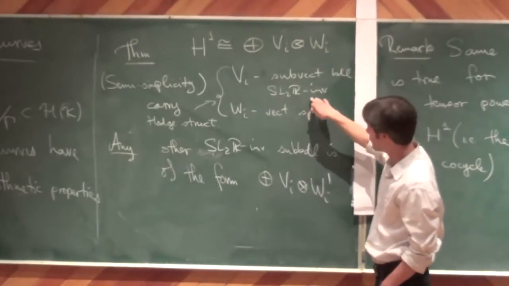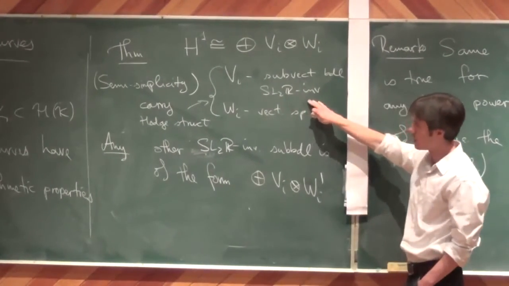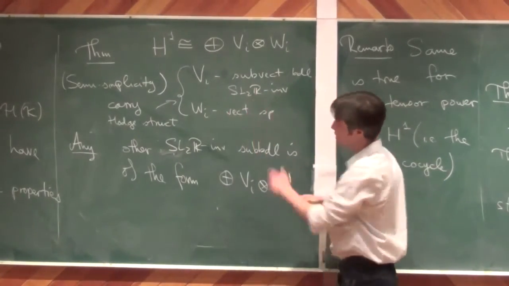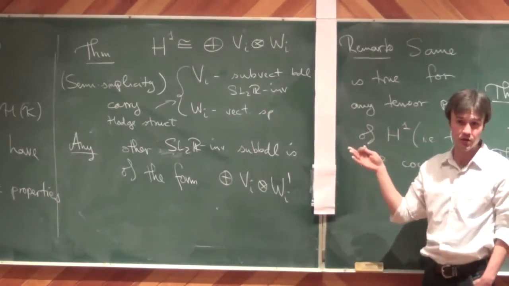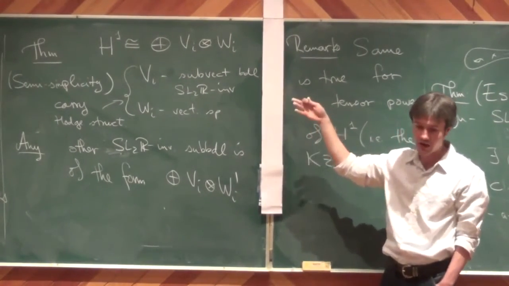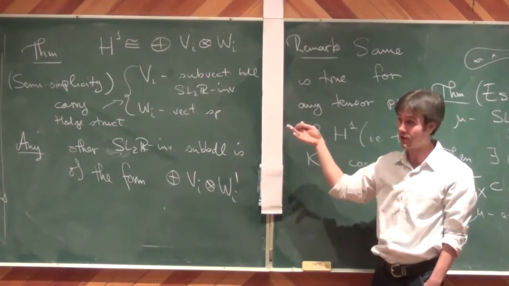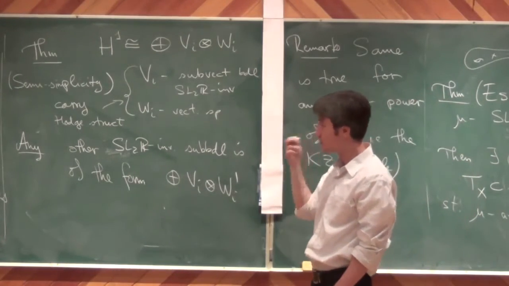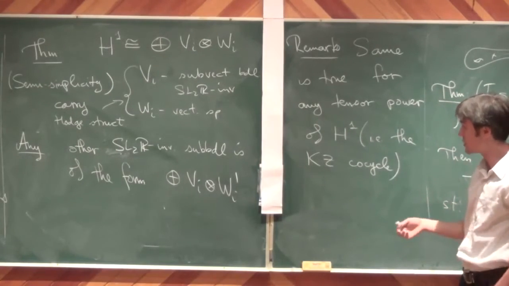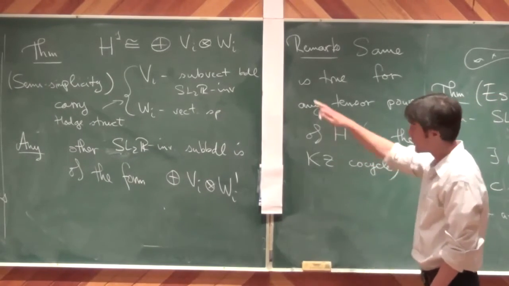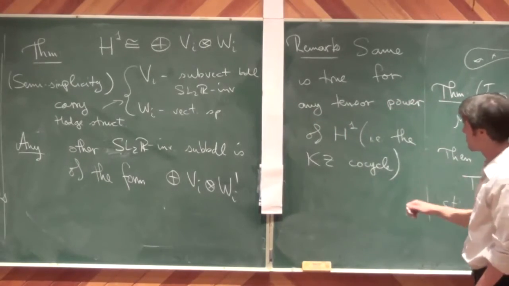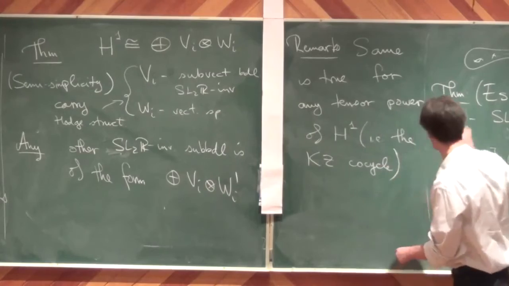This was for SL2R invariant bundles, and it's also happening in the measurable category. These subbundles are allowed to depend measurably on the base point. Measurable is what you face when you're doing your quadratic theory. If you try to produce invariant subbundles, usually your quadratic theory will give you something measurable, so this decomposition is also a priori measurable. But the same theorem holds for tensor powers of this H1.